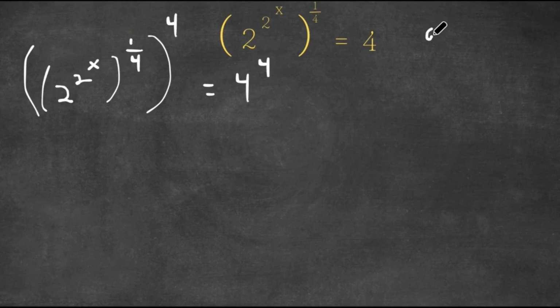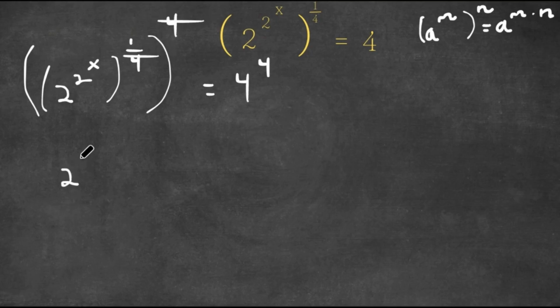Now, if I have something in the form a to the power of m to the power of n, this is also equal to a to the power of m times n. So now this 1/4 would equal 1/4 times 4, which is simply just 1 because these two cancel out.